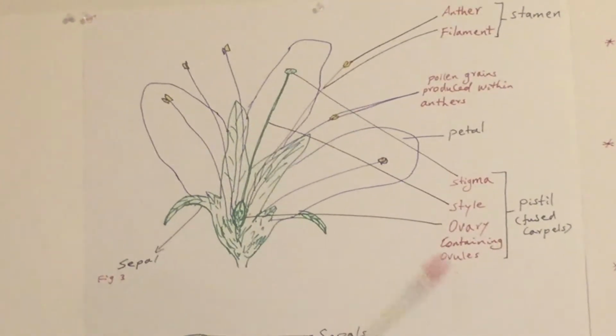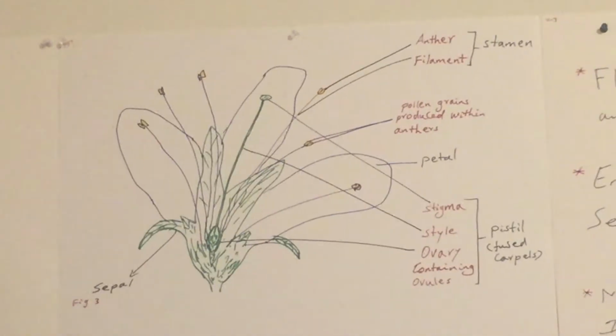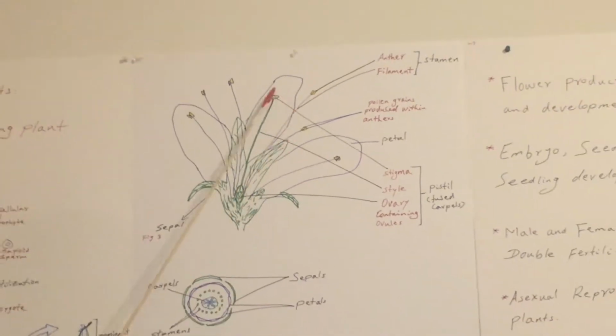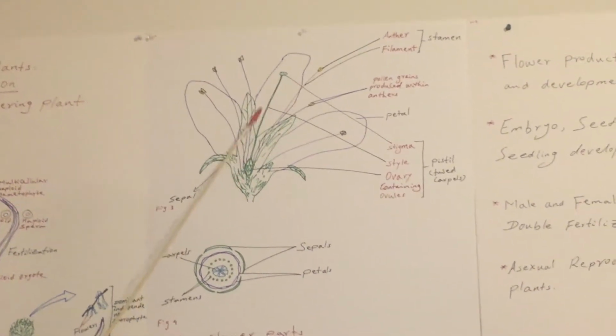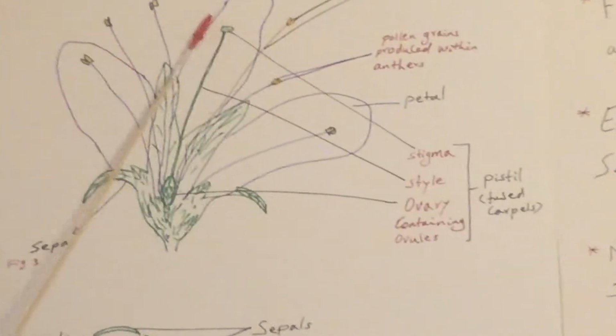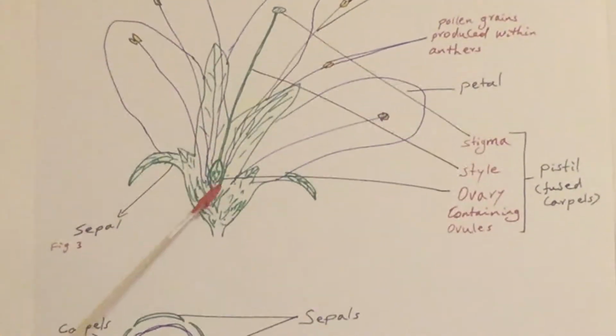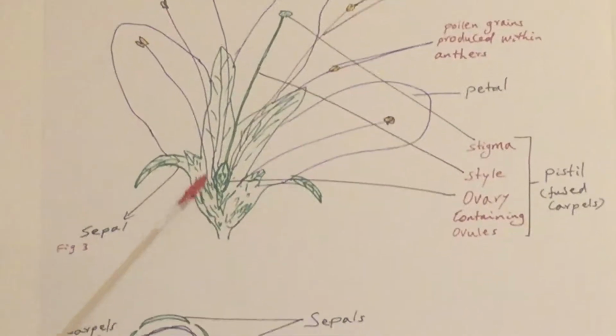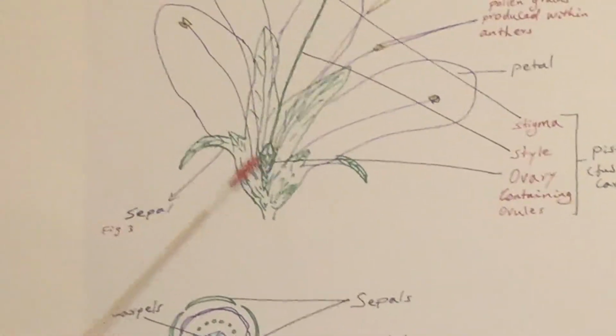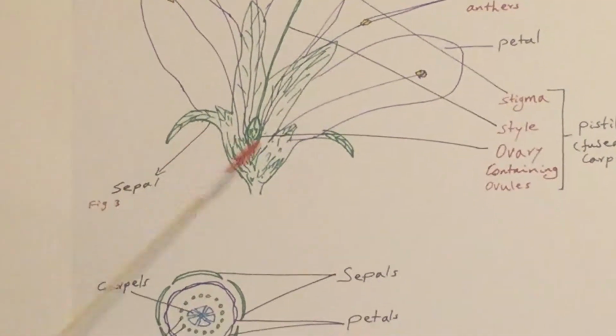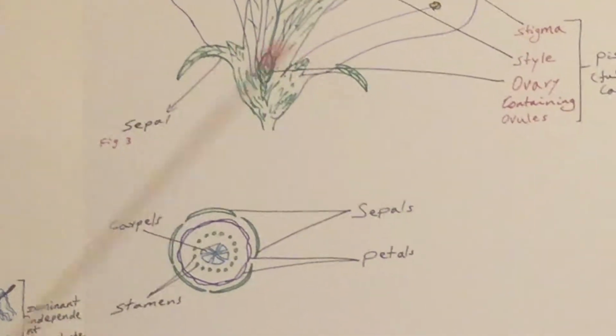The ovary contains the ovules, and this whole part right here is the female part, which is the stigma right here, and the style is the long tube right down there, and the ovary contains the ovules down here, and the sepal is just the leaves of the plant.